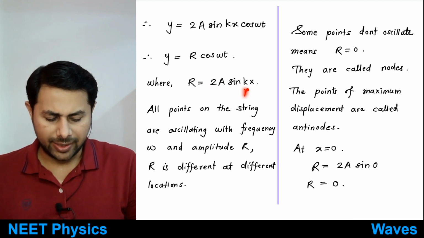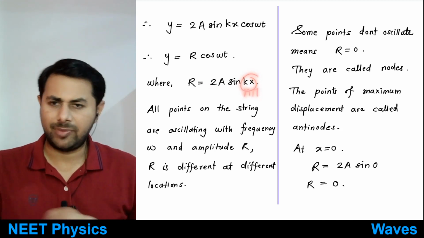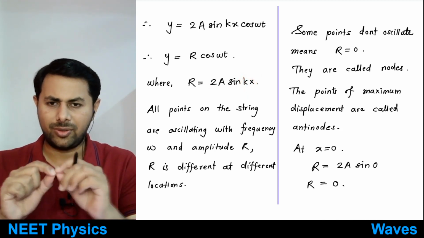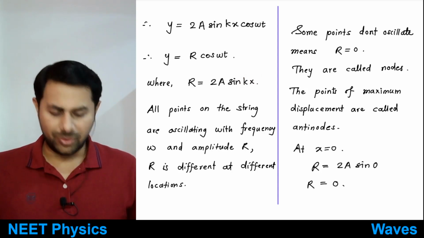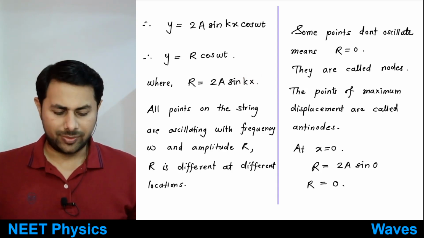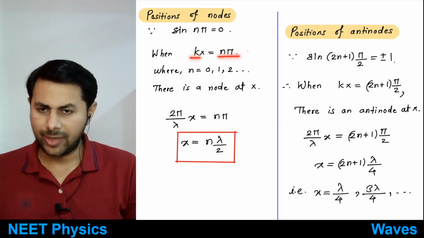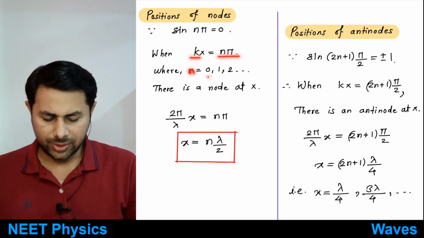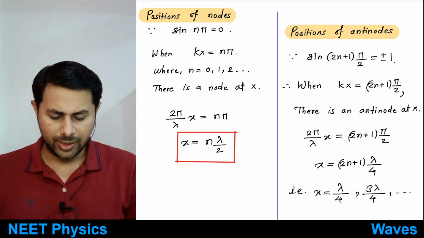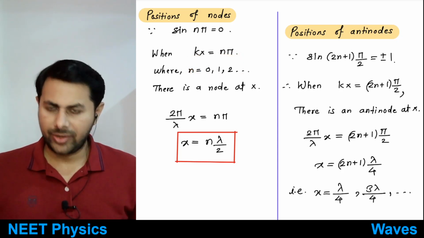Sine of n pi is equal to 0, means kx must be equal to n pi at the position of nodes. Nodes mean 0 amplitude. So kx is equal to n pi, with n equal to 0, 1, 2, and so on.